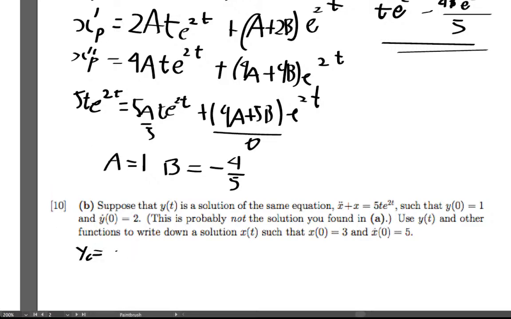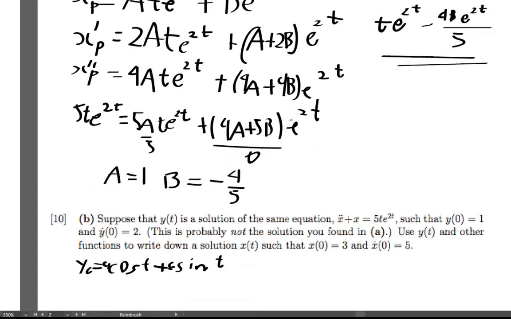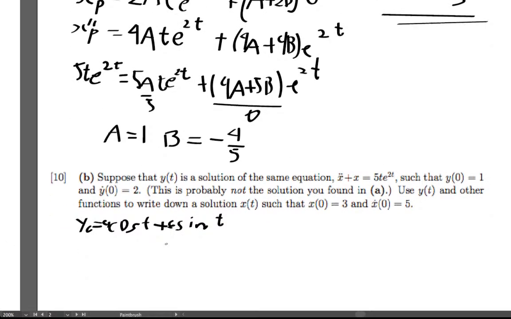If you have forgotten it already, it's c1 cosine t plus c2 sine t. And you want to sum this up with your particular solution, and that should be one of the solutions.